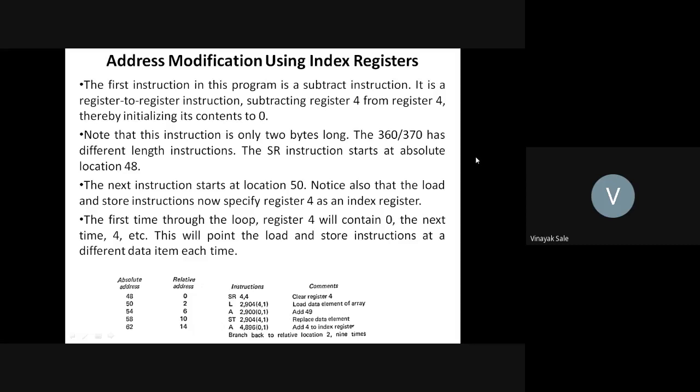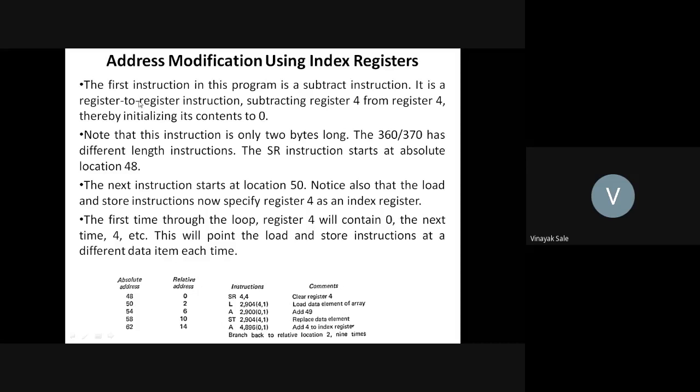There are about 5 instructions seen in the figure below. The first instruction in this program is a subtract instruction, that is SR 4 comma 4. The command for that is a clear instruction. The relative address is 0 and the absolute address is 48.